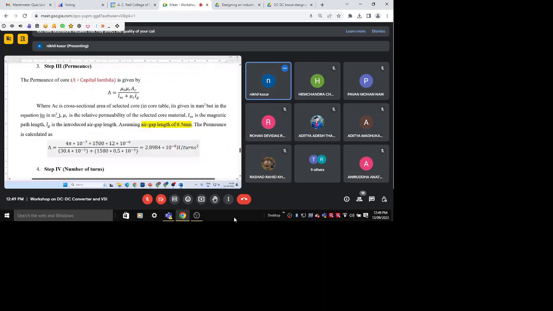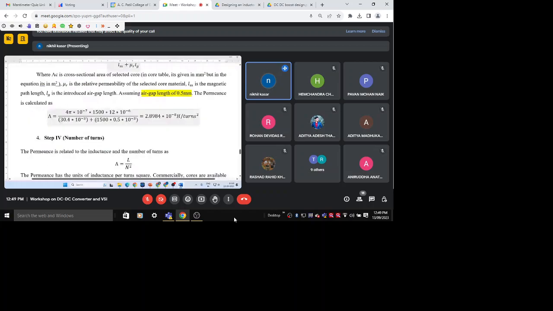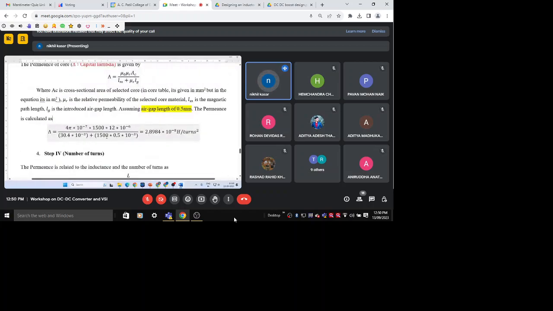आएगी जो हमने यहाँ पे 30.4, so 30.4 की calculation हम मिलीमीटर में कर रहे हैं, so convert into meters. Okay, minus 3 plus mu r again 1500 multiply by Lg.